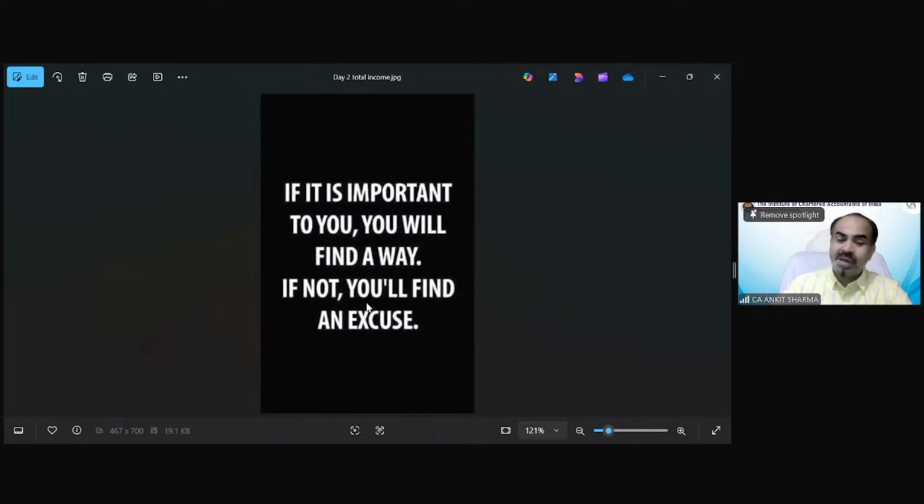If you want to be a CA, there could be some struggle, problems, different kinds of struggle, but you will find a way. If you want to achieve that target, if you want to be a chartered accountant, you will find a way. You will put in extra effort, you will do anything, and you will get there. And if you don't want to be there, if you don't want to be a chartered accountant, then whatever effort is made by your parents, relatives, friends does not matter.